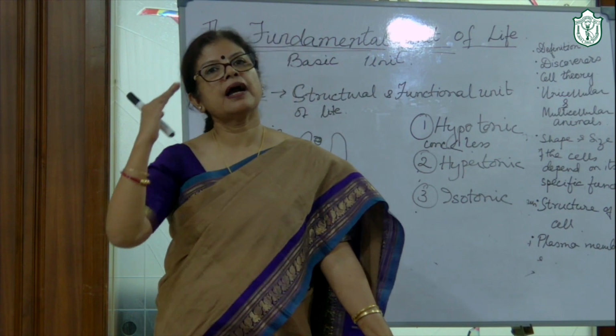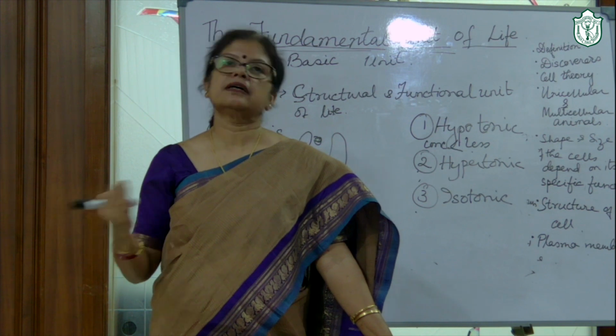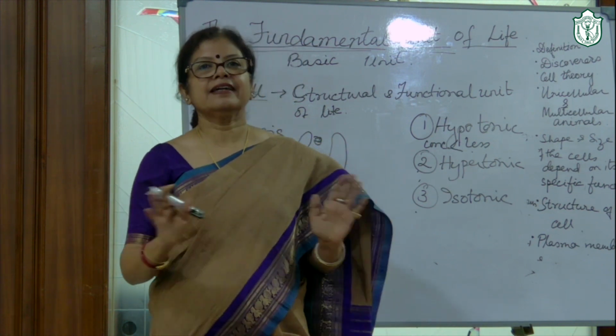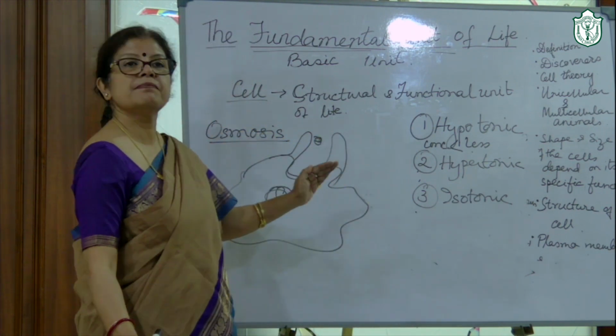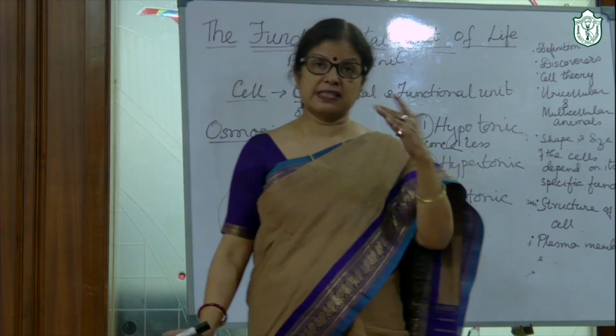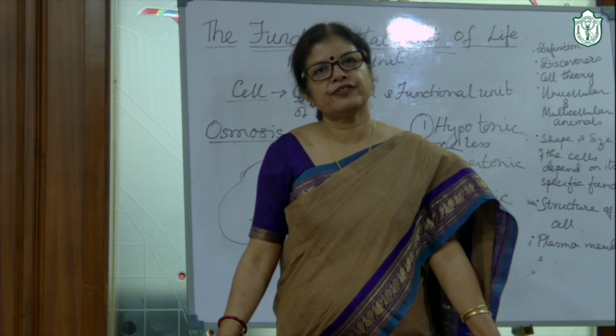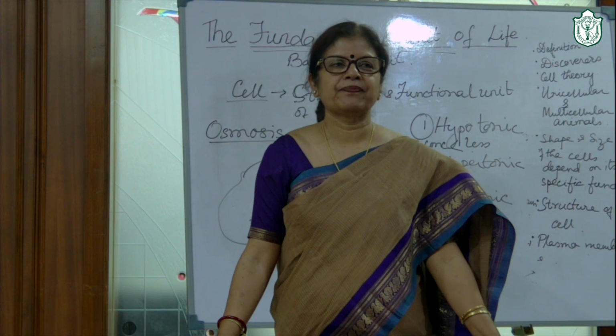So hypotonic and isotonic were explained to you. I think all these processes, mainly osmosis, the semi-permeable membrane and tonicity, have been explained. Thank you, children, and have a nice day.